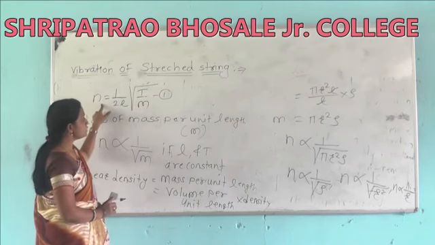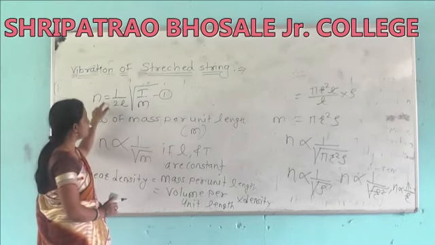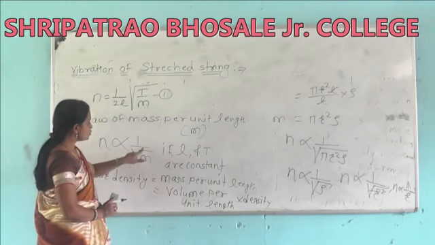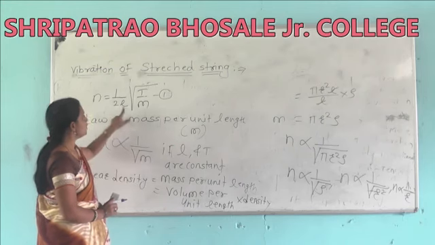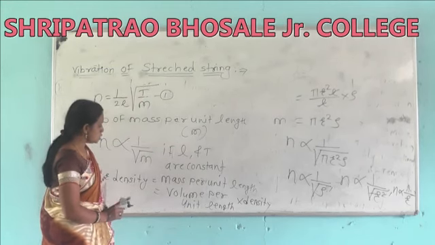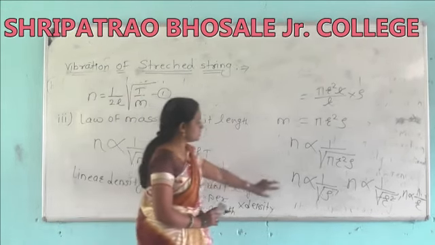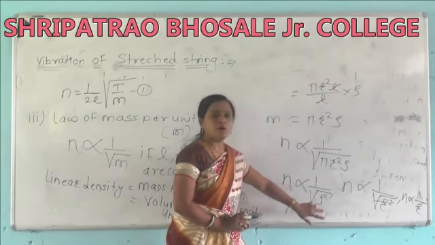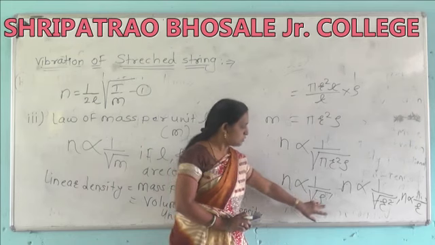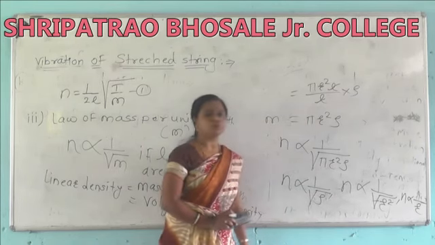And it is inversely proportional to the square root of linear density or mass per unit length of the string if L and T are constant. Also, we can derive that this fundamental frequency is inversely proportional to the square root of density as well as inversely proportional to the radius.